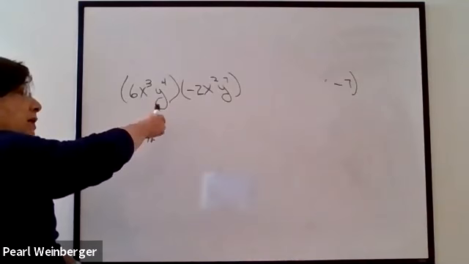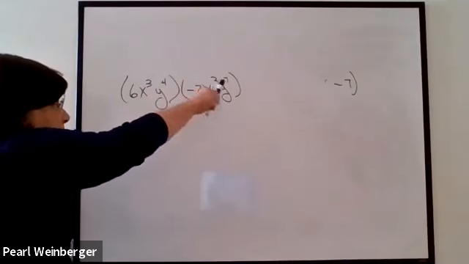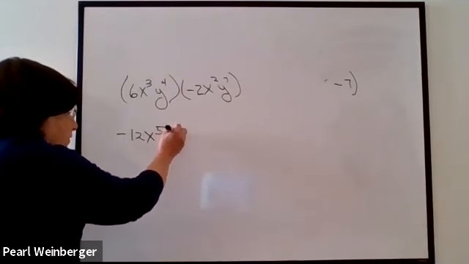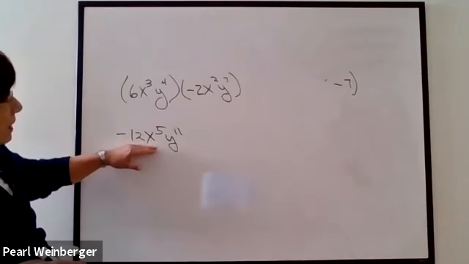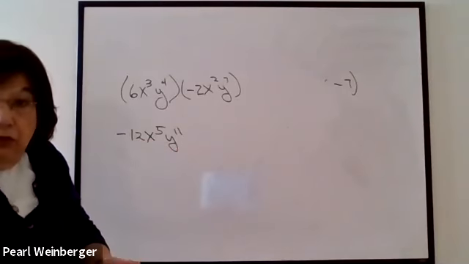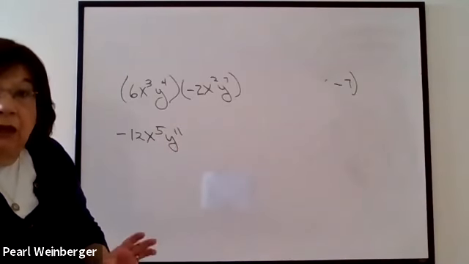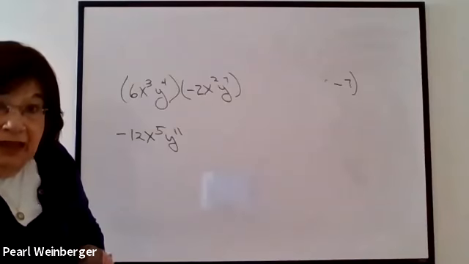And then we multiply the y's together. Y fourth and y seventh, 4 and 7 is 11. So my final answer becomes negative 12 x fifth y 11. There could be more letters involved as well, but basically we multiply by adding the exponents.